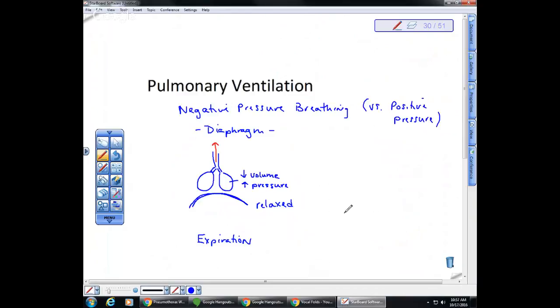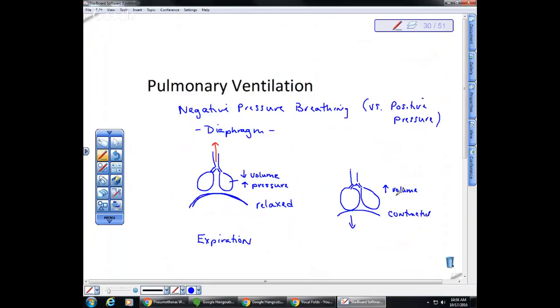So when our diaphragm contracts, it moves down and it flattens out a little bit, right? So this would be contracted. Think of it as flattening out and moving down, right? And then what happens to the volume of our lungs is that it increases. And so we have a greater volume, right? So this would be an increased volume.